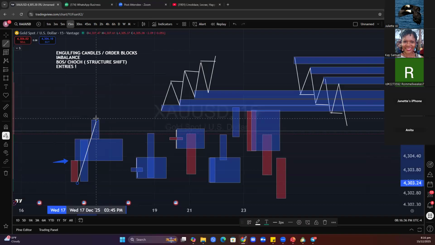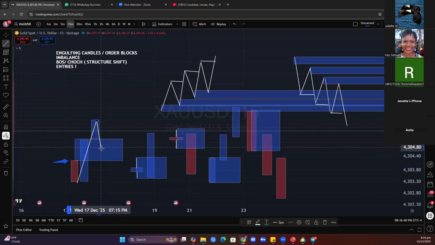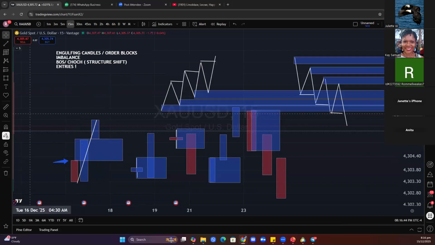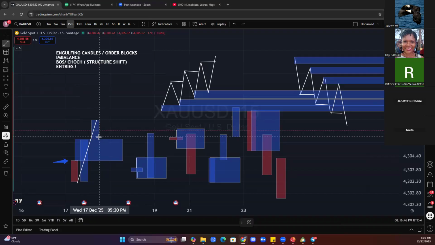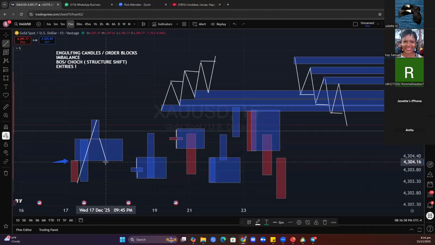We get pullbacks, so sellers step into the market to push the market back down to fill in this space that was sell side inefficient. There were no sellers in this space, so the market pushes back down to fill that gap before it continues to then do this.